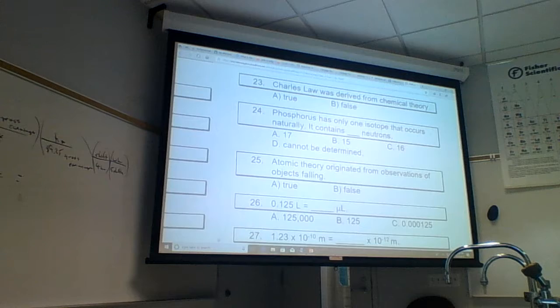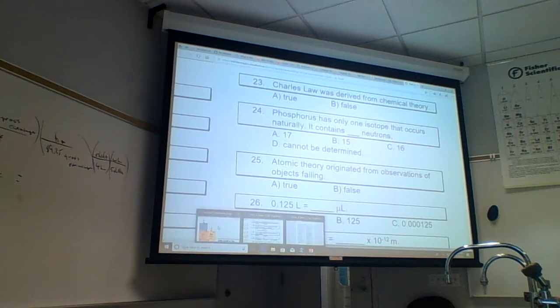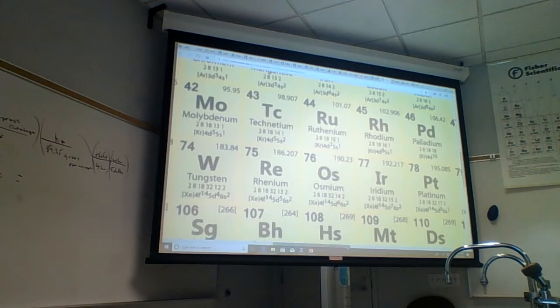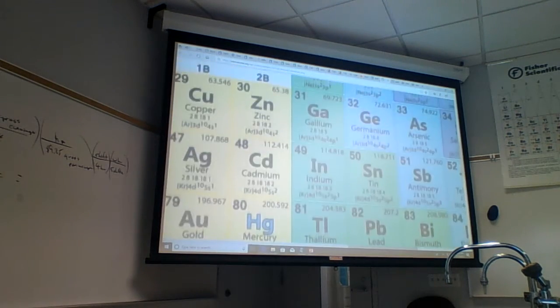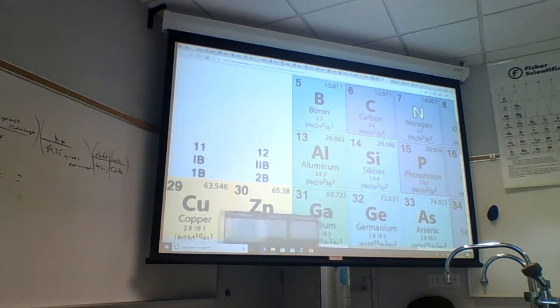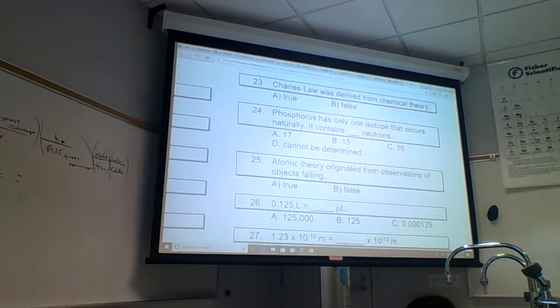Okay, let's take a look at phosphorus on the periodic table. What's the symbol for phosphorus? It's element number 15. How do we know?